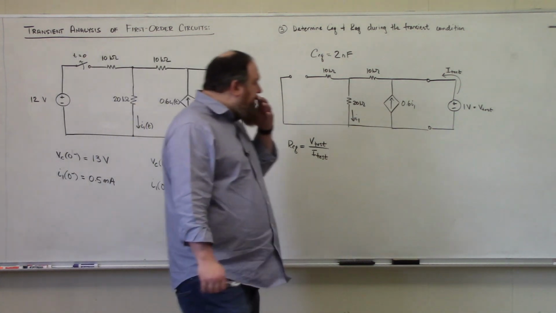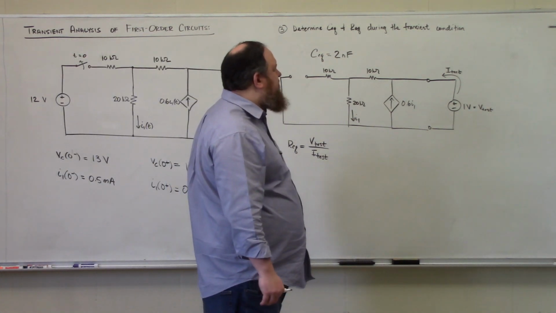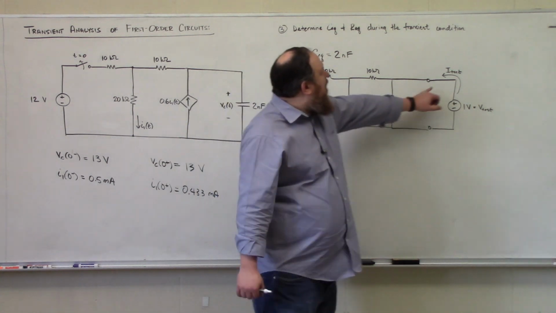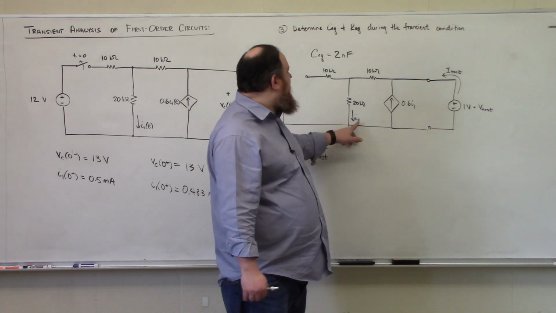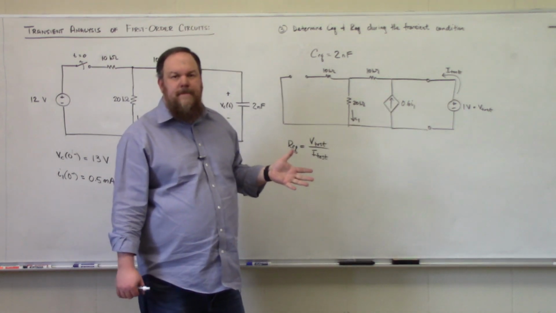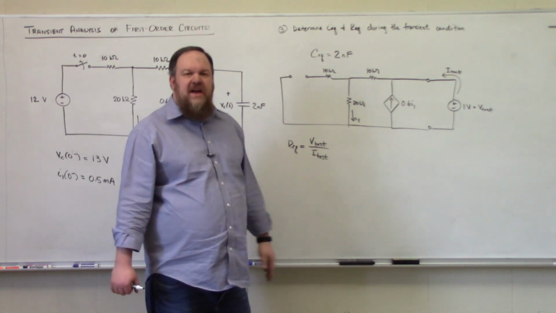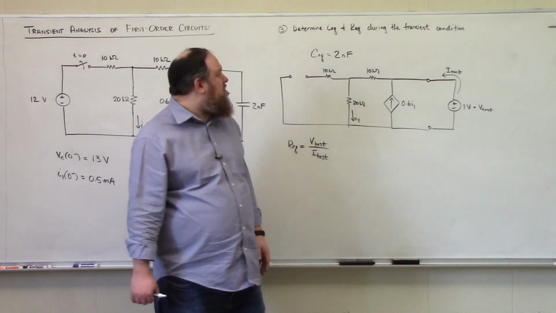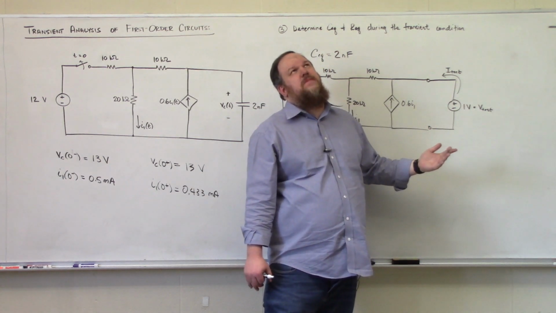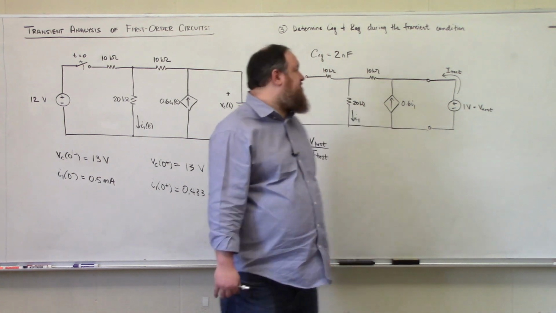All right, so let me explain why I've chosen a 1 volt test source. A 1 volt test source allows me to calculate the value of this current I1 here very easily. I won't need to do mesh analysis again. I could actually use what's called the homogeneity principle of superposition.